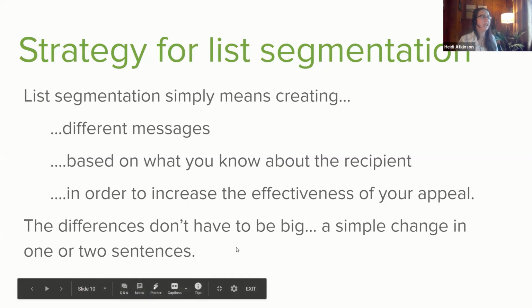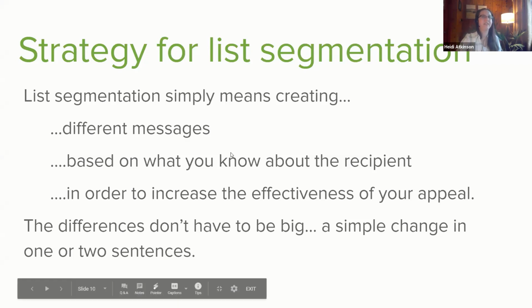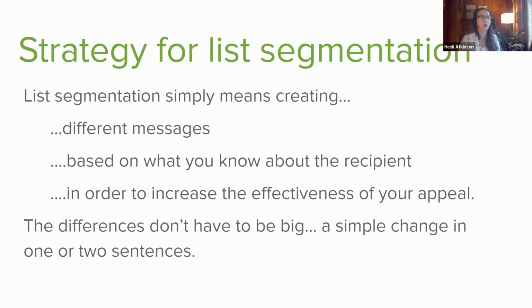It might be you just say, thank you for your latest gift on this date, for people who have a latest gift, and you don't put that sentence in for people who have never given before. How different these letters are doesn't have to be very different if that difference is able to increase your effectiveness. And this is also going to come into play in the next couple of slides where we talk about some ideas for what you should segment based on. It should be something you know about them.